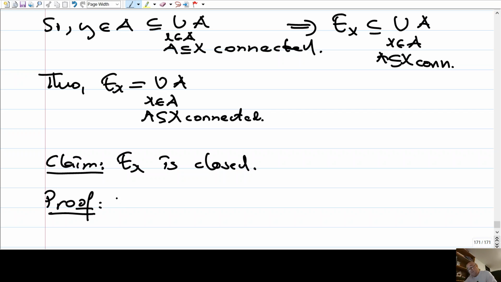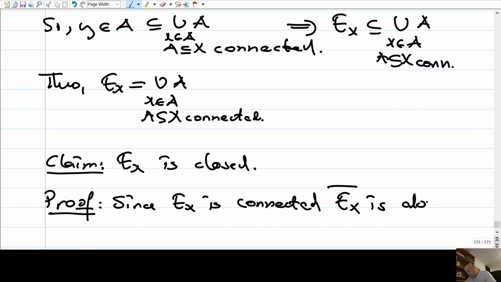But we know that since EX is connected, anything between EX and its closure is also connected. So the closure of EX is also connected.